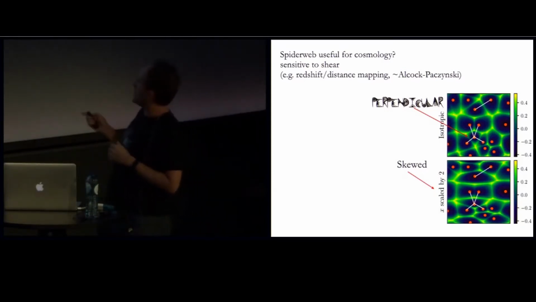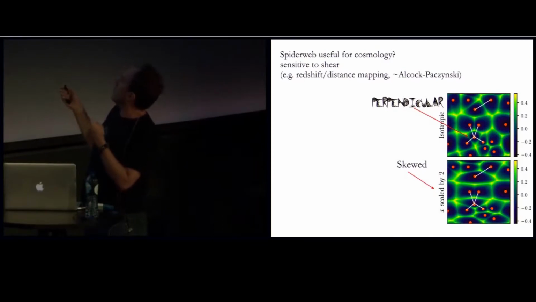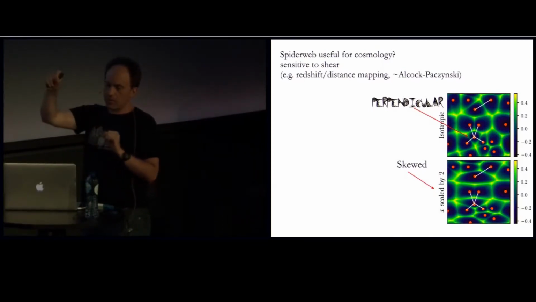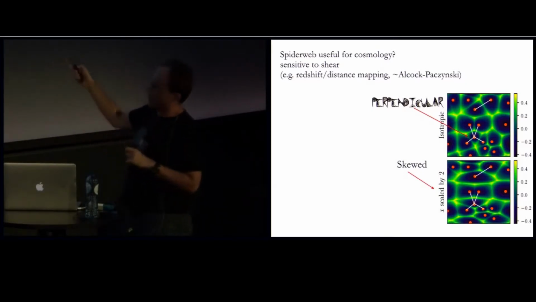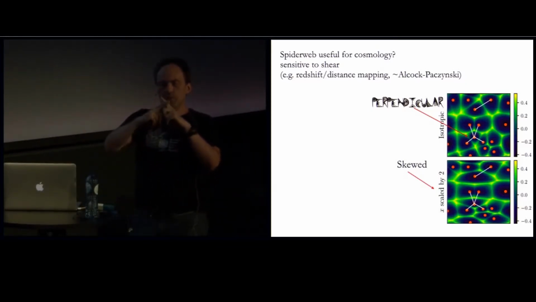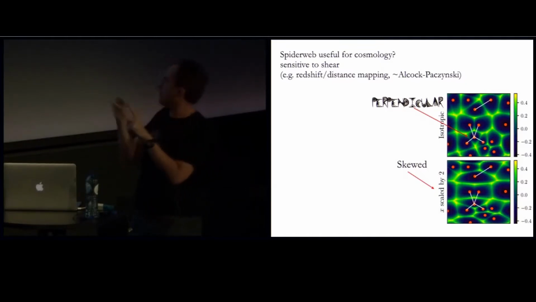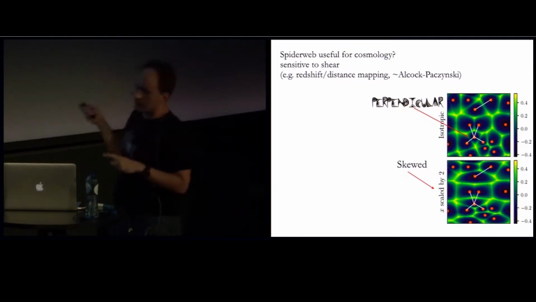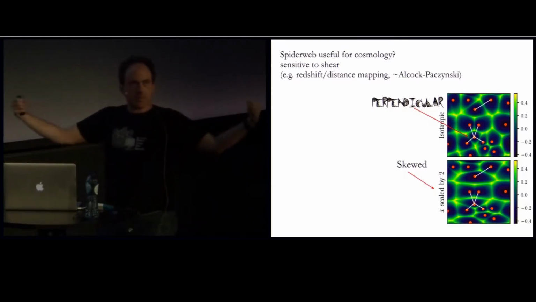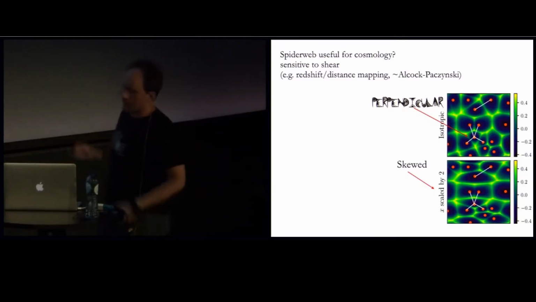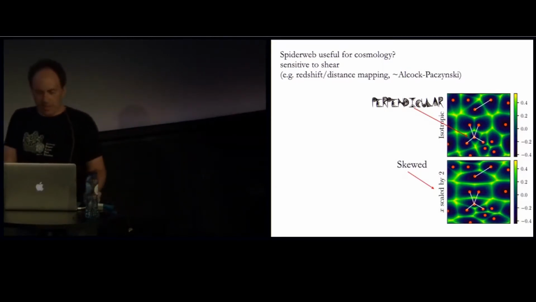The point is that if we draw lines between centers of voids, in white here, those should in reality be perpendicular to the walls between these voids, the density ridges between voids. And if we do some scaling of one of the axes, then that perpendicularity is corrupted.